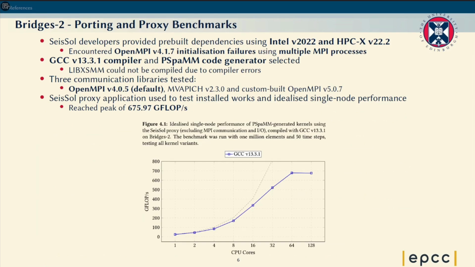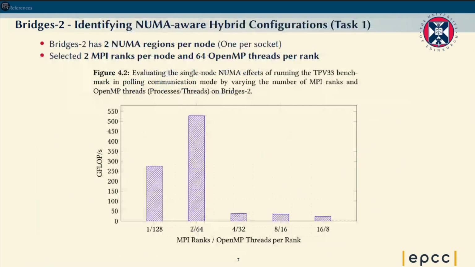I selected GCC and the PSpaMM code generators, and it gave me about 675 gigaflops initially. That indicated that at 4 nodes, we should be expecting around 2.7 to 3 teraflops.